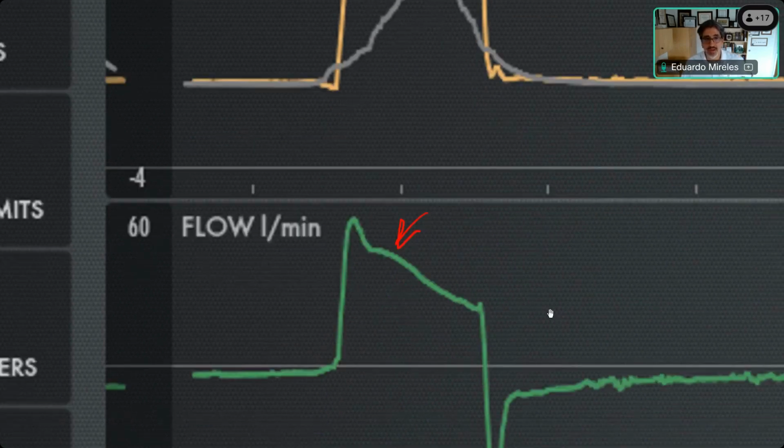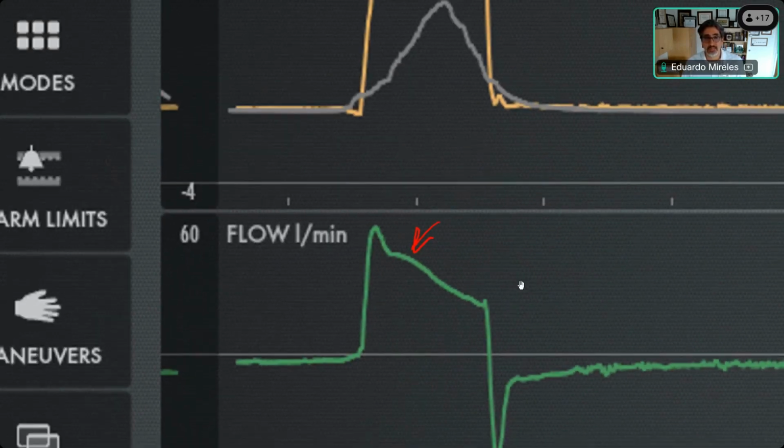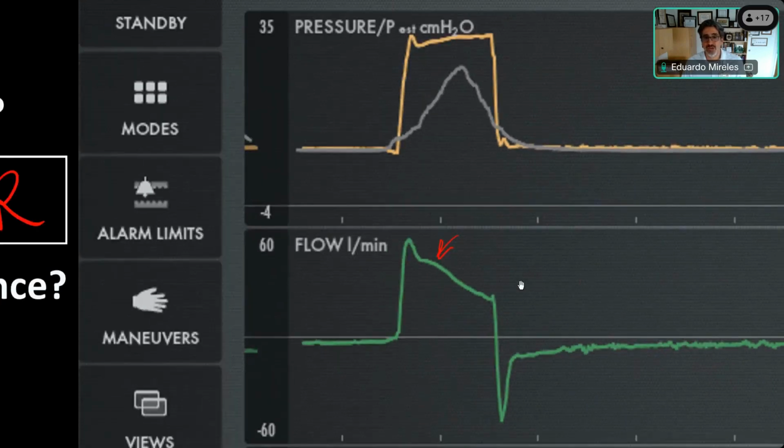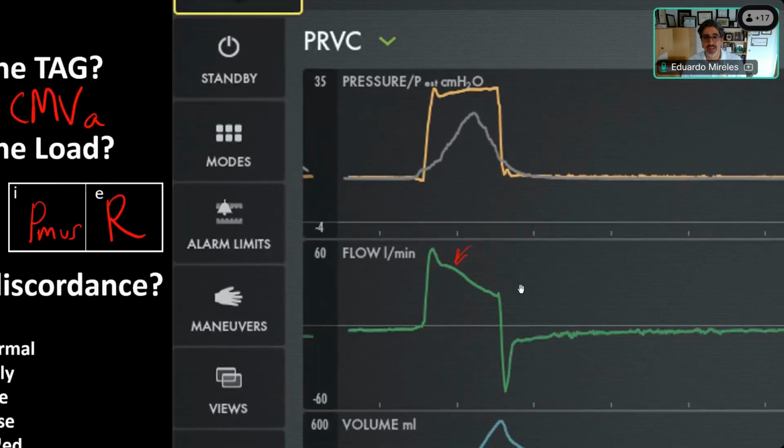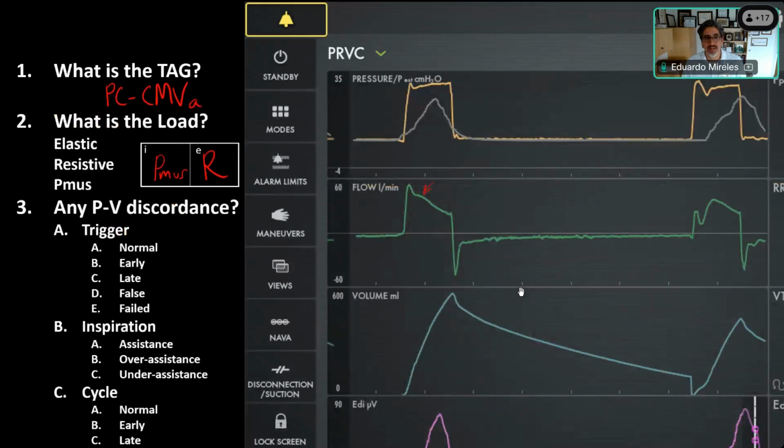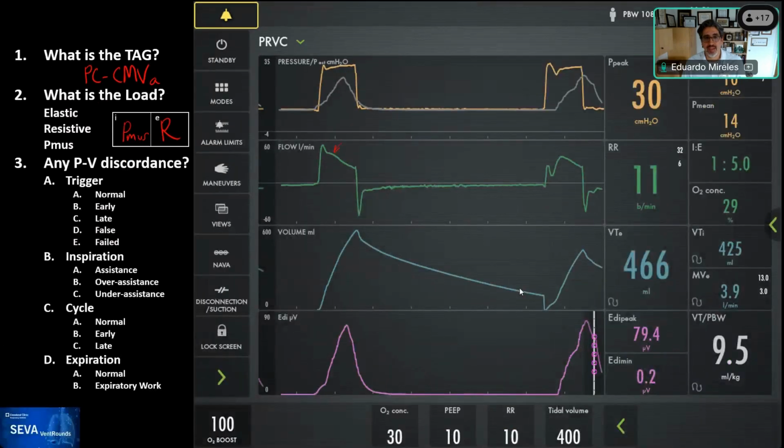So this one over here is a breath that is, by luck of chance, a mandatory breath triggered by the machine that occurred at the same time as the patient was doing effort. The second one, all of you recognized as an early trigger.